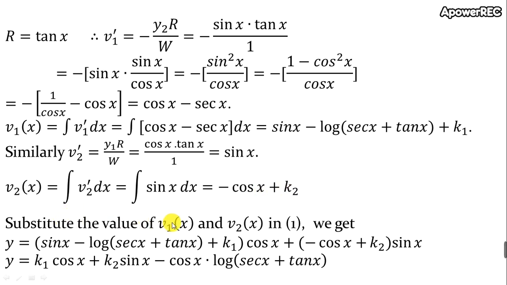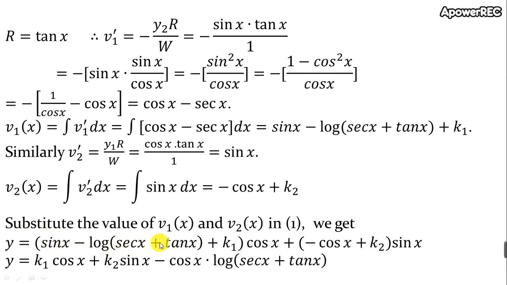Substitute the values of v1 of x and v2 of x in equation 1. We get y is equal to sin x minus log of secant x plus tan x plus k1 into cos x.